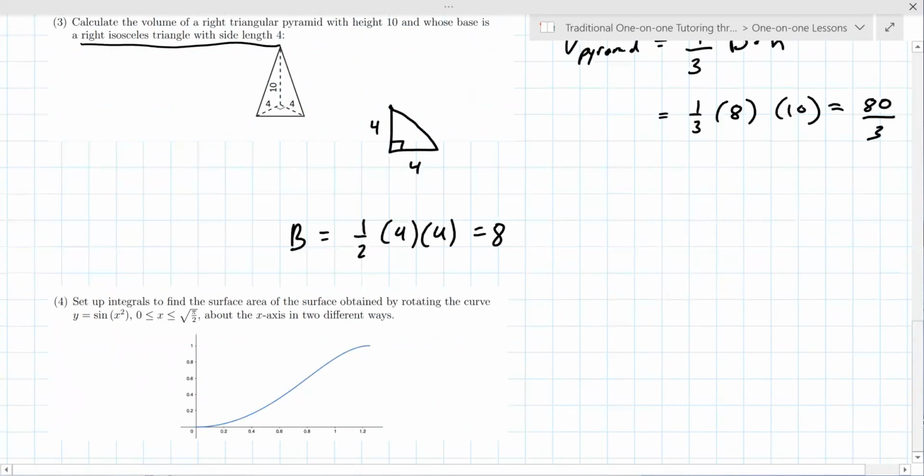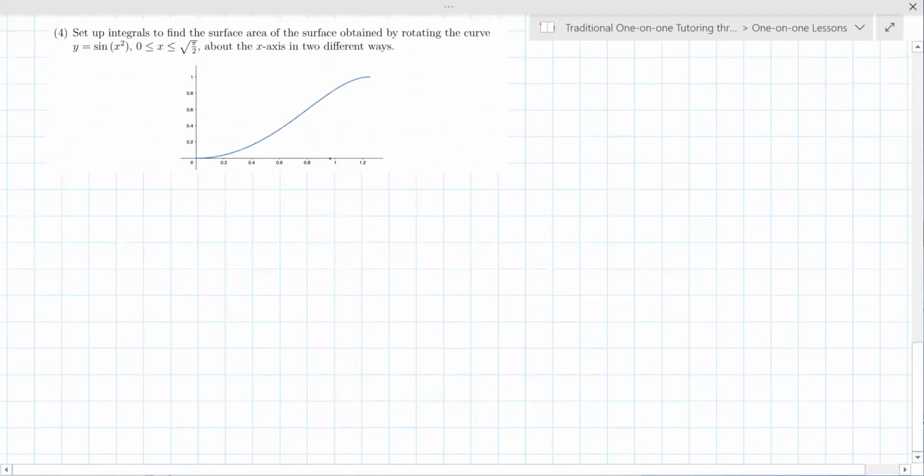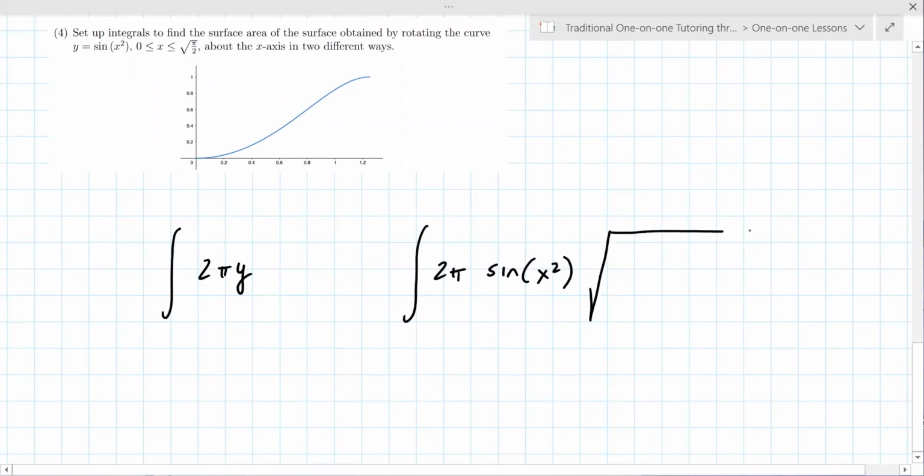Let me do this one a little bit better than I did the last time. Let's just start with the integral of 2 pi y this time, so it's 2 pi sine x squared. Then your ds is the square root of 1 plus the derivative of this thing squared. The derivative of sine x squared is cosine of x squared times 2x, and this is squared, dx.